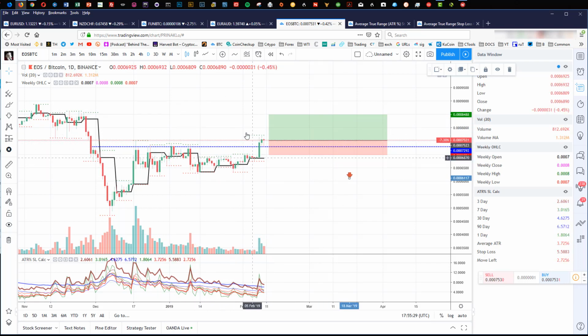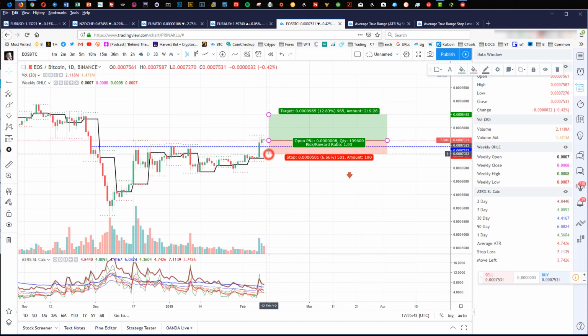Another thing: if we look at this closing candle, the third to last number, which is the ATR number here of 4.7, I bet that probably is the move if we move this up here. No, it's not. So 4.7, if you were to use the average true range, is where you'd put your stop loss.